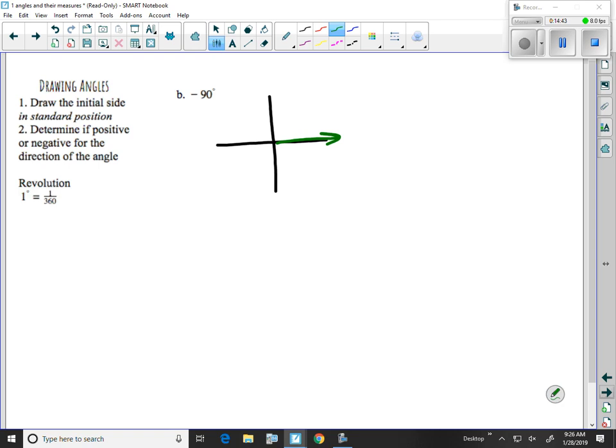And if it's negative 90, are we going to move counterclockwise or clockwise? Clockwise. Okay, so we're starting here, and we're going to move 90 degrees clockwise. That right there, we can put our square, because that shows it's a right angle, but that's negative 90 degrees. Okay, we already said that we went clockwise.